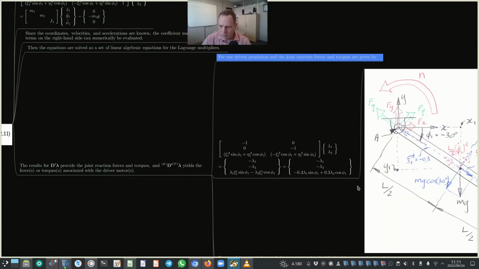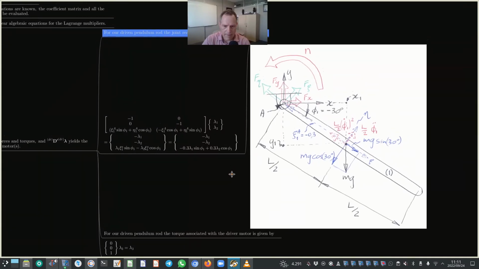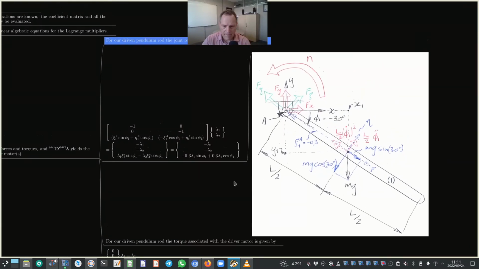Let's just have a look. This just shows what I just said in words. For this driven pendulum, there's the eta axis indicated here in a dashed blue line.